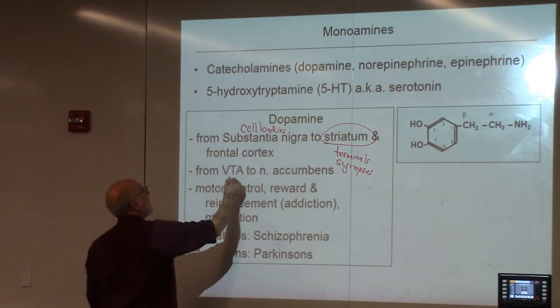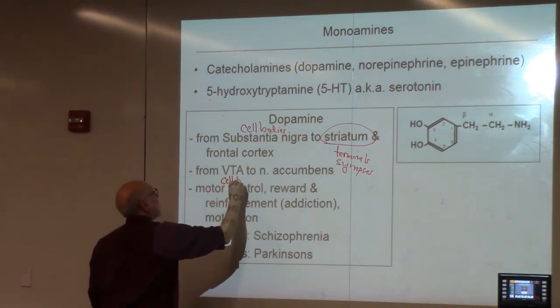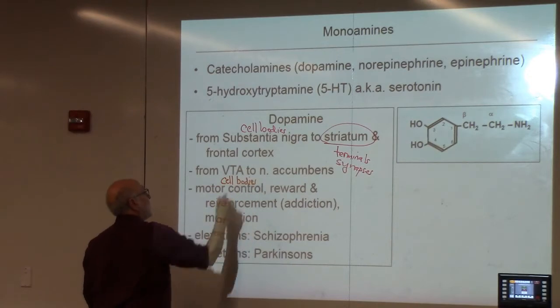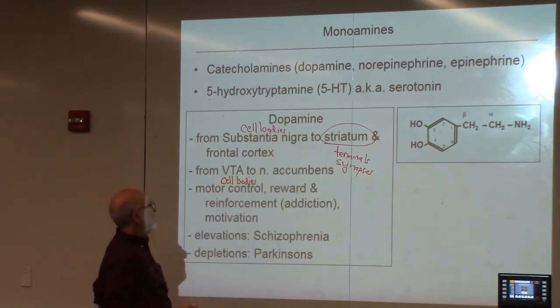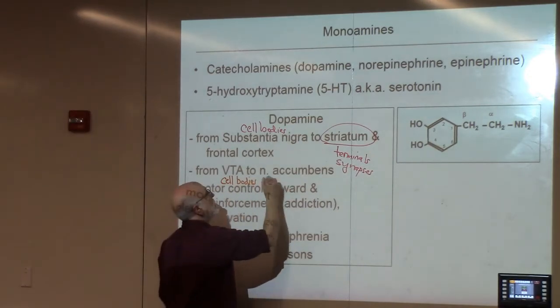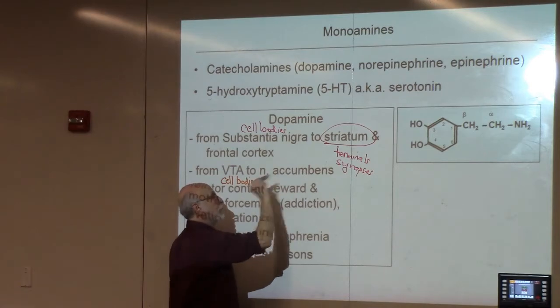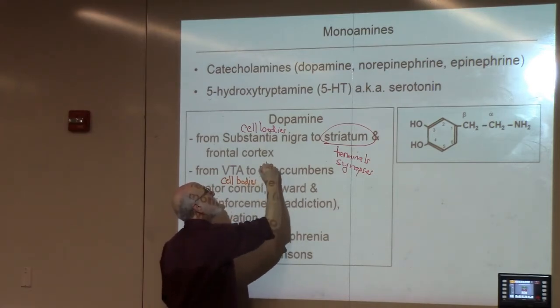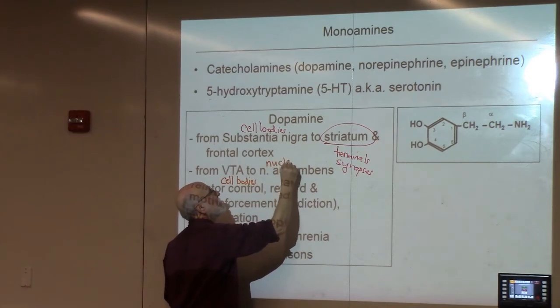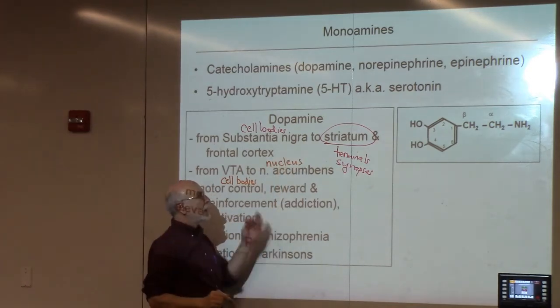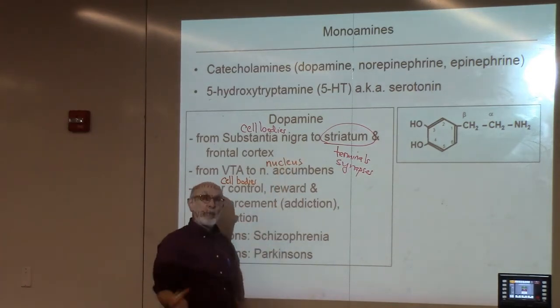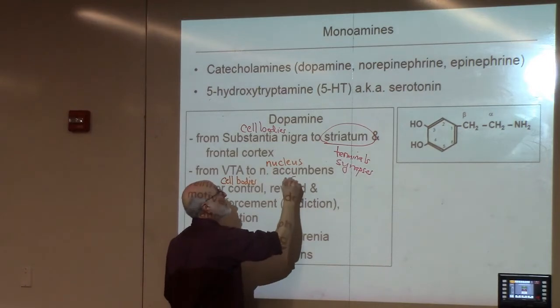Similarly, the cell bodies of these dopaminergic neurons in the ventral tegmental area project to the nucleus accumbens. So N almost always is going to become nucleus. Nucleus accumbens, which is another part of the brain, and that's where the synapses are.